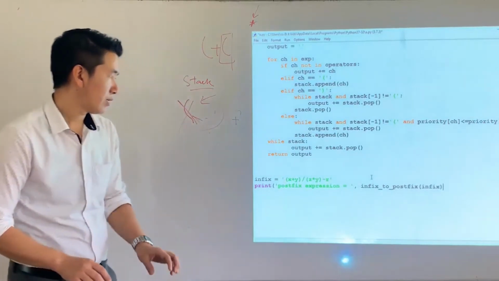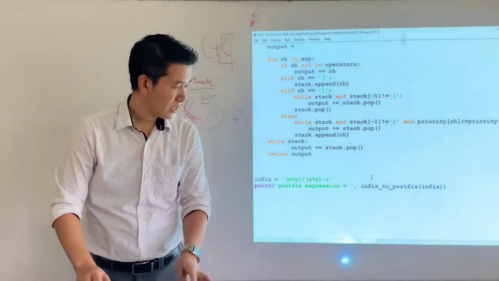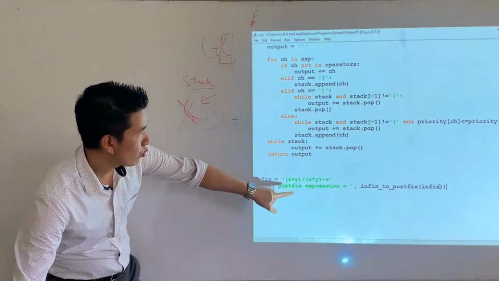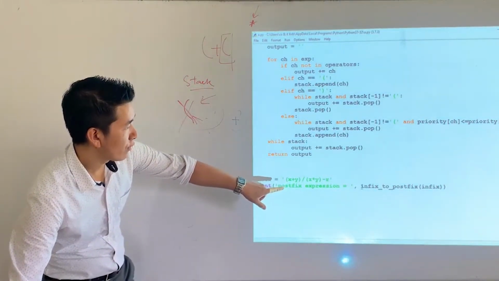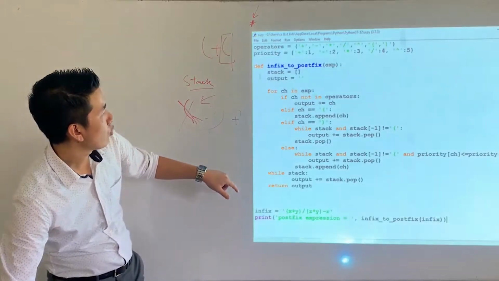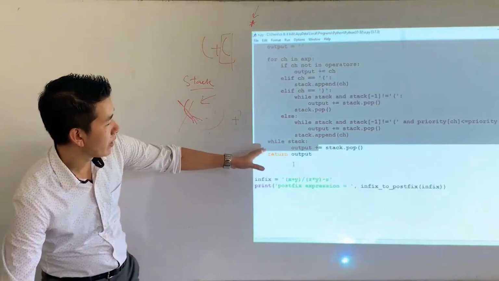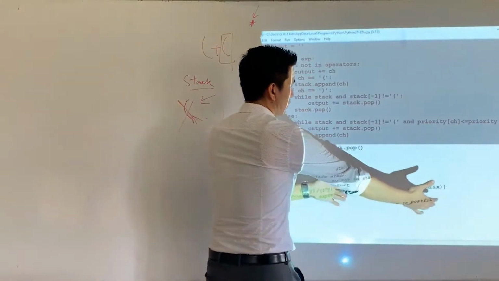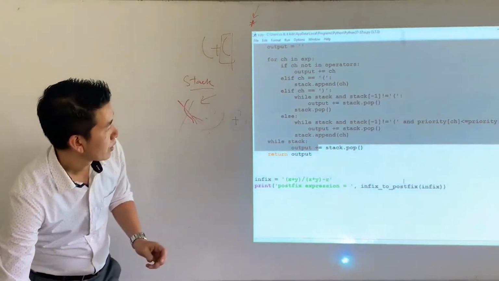So I guess I'm done, and then I need to close the bracket. Now let's check whether the program runs correctly. So this infix value will be sent to the function definition of infix to postfix, right? And then this whole thing will be run, and then at the end, the output will be returned back to the function call. And then this is how the value of the output will be printed.